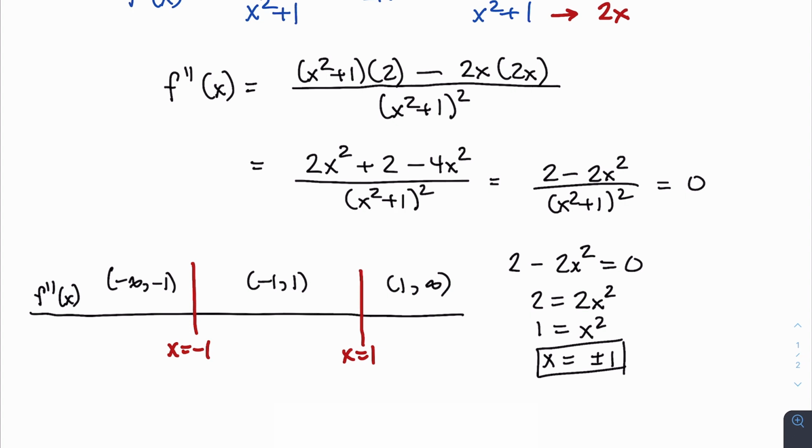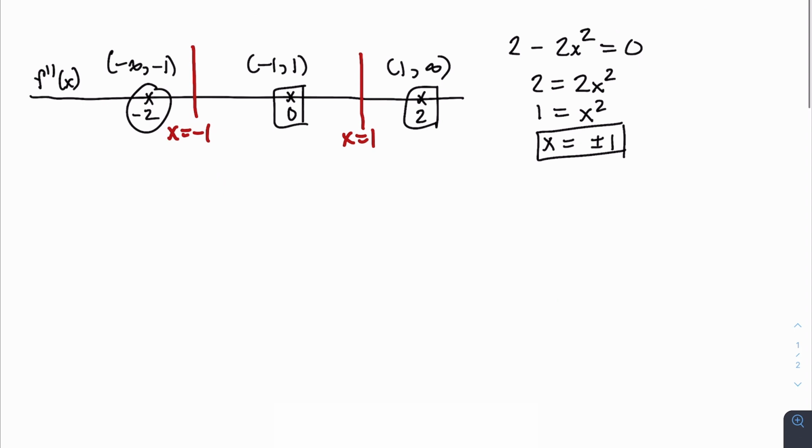So for my test numbers, I'm going to pick -2 for this interval, just because it's close to -1. You could pick anything you want to. On the interval -1 to 1, I'm going to pick 0. And on the interval 1 to infinity, I'm going to pick 2. So we're going to plug all of those into the second derivative to see what's happening. So f double prime at -2 is, and remember, we're going to use the last version of it before we started manipulating it.